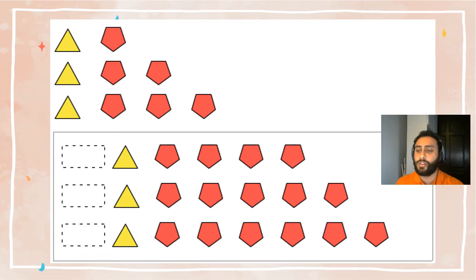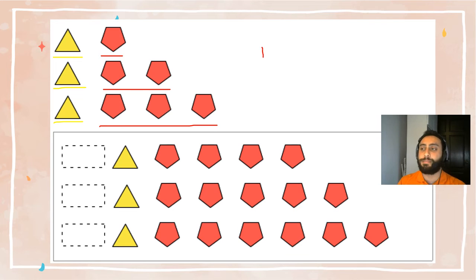Next one. Look at this. Let's call them by the color again. We have yellow, red, yellow, red, red, yellow, red, red, red. See, the yellow is the same, right? There's only one, so it's not a part of the rule. But look at red. First we have 1, then we have 2, then we have 3.